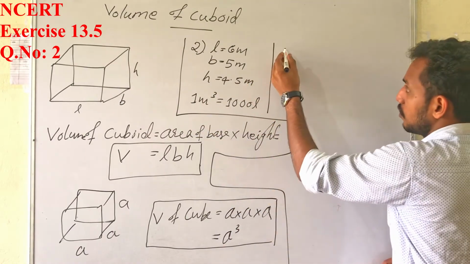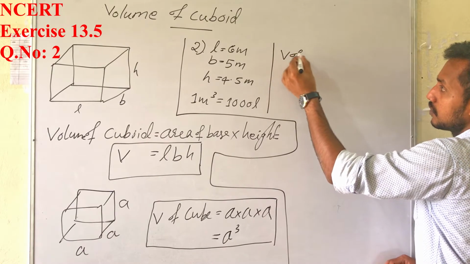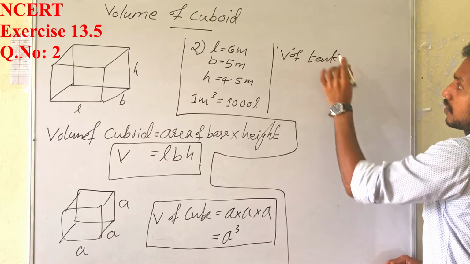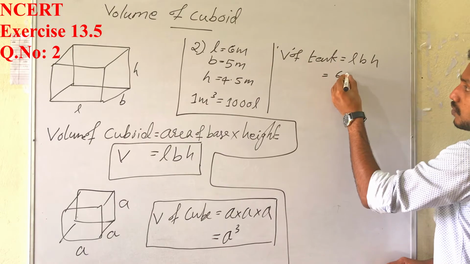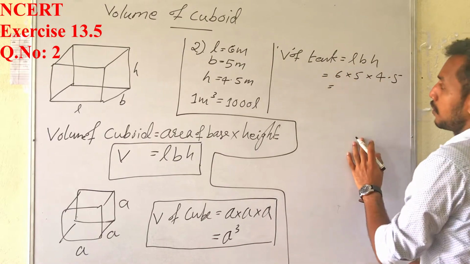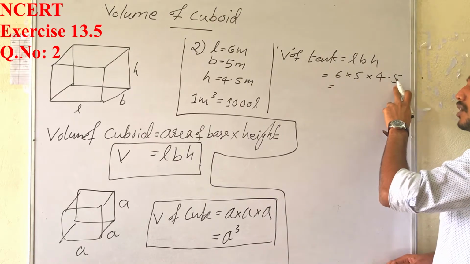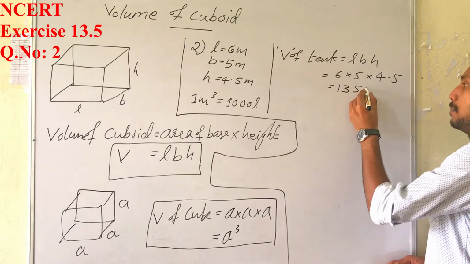So just find the volume of tank is equal to length into breadth into height, which is equal to 6 into 5 into 4.5. 6 into 5 is equal to 30. 30 into 4.5 is equal to 135 meter cube.